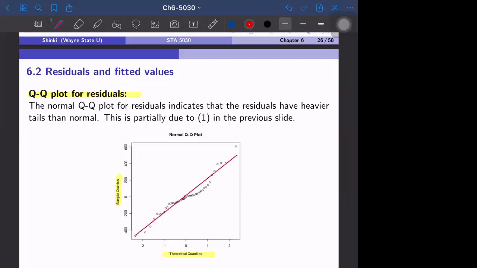In this case, it's pretty good: we have some curvature in the moderate range, but all very large and small observations are almost in line with the theoretical quantiles. This is actually a pretty beautiful QQ plot. Often we have some curvature such as this or this, but in this case it's almost a straight line.